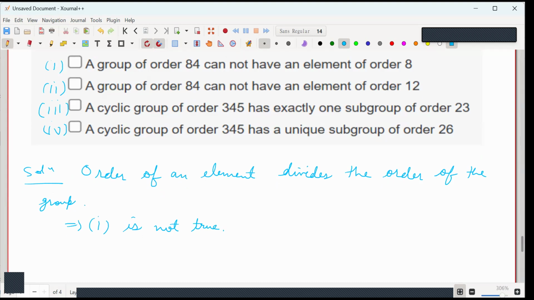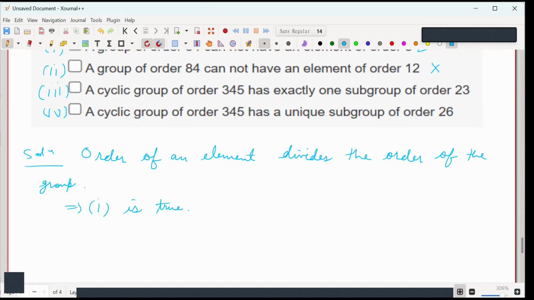What about the second one? A group of order 84 cannot have an element of order 12. This is false, because 12 divides 84. It says "cannot have", meaning in every situation we cannot have an element of order 12.